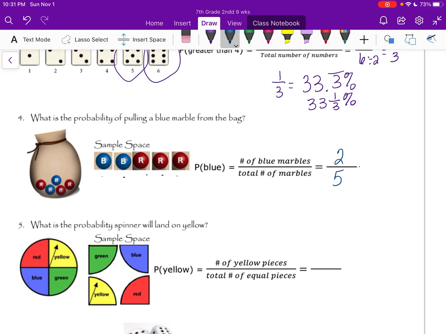And 2/5, I believe, is 40%. If I wanted to check, we would divide it. That's 0.4, and then move it. So 40% is correct. There's a 40% chance of pulling a blue marble, or 2 out of 5 chance.